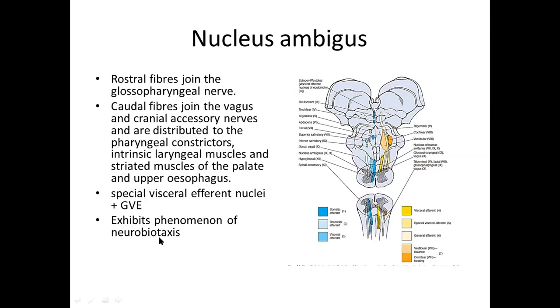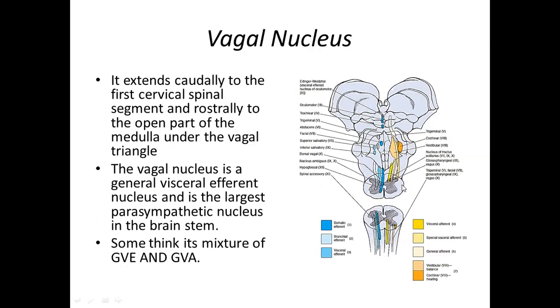And I have already told you it exhibits the phenomenon of neurobiotaxis. Then comes the vagal nucleus. The vagal nucleus belongs to the general visceral efferent column. This one is the dorsal motor nucleus of the vagus, and it extends caudally to the first cervical spinal segment and rostrally up under the vagal triangle, right?